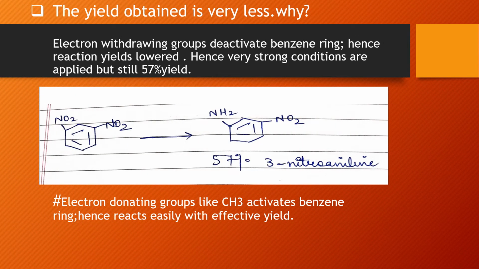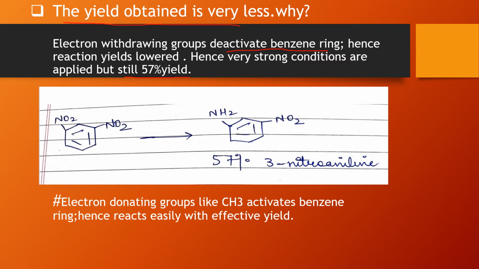Now the meta-nitroaniline which is formed is very less in quantity. So the question arises, why is the yield of the meta-nitroaniline obtained very low? Electron withdrawing groups deactivate the benzene ring, hence the reaction yield is lowered. Hence very strong conditions are applied but still only a 57% yield is obtained.